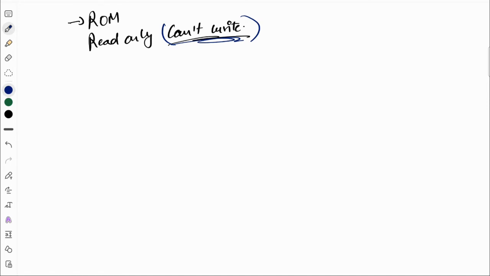Read only memory means we can only read, we cannot write. This is the main point: the memory from which we can only read but cannot write on it. This type of memory is non-volatile memory.